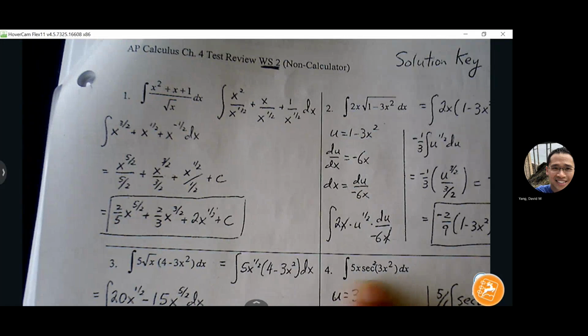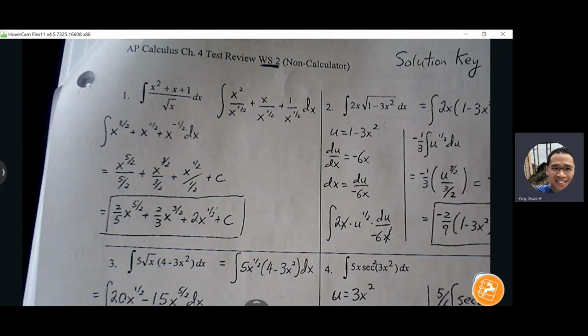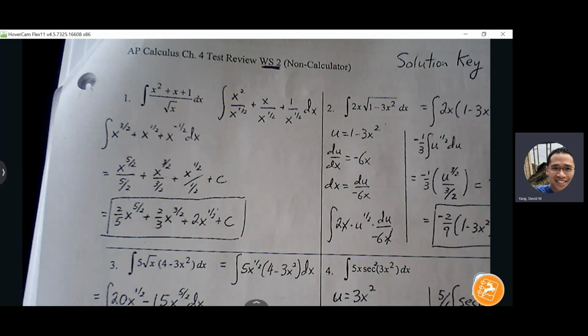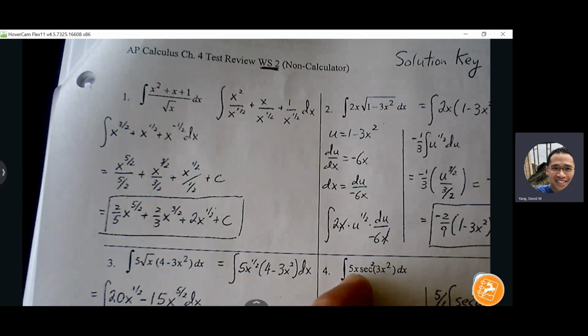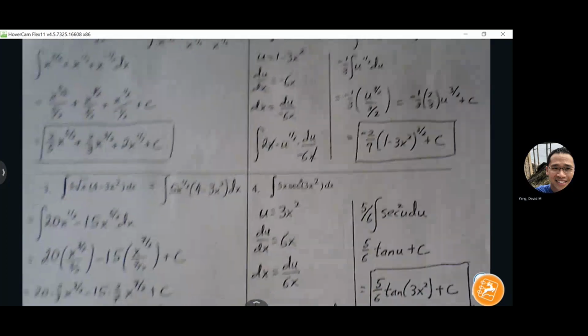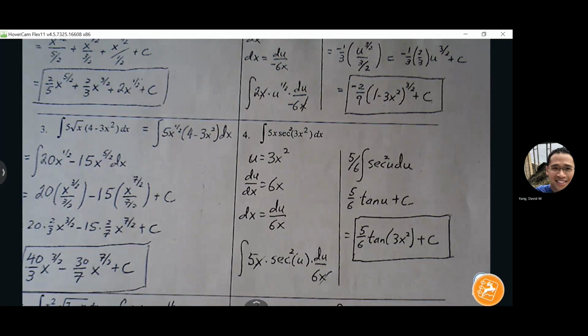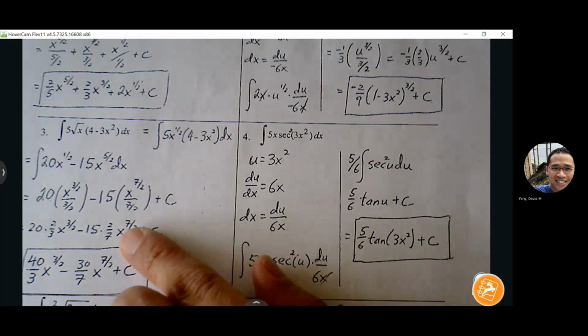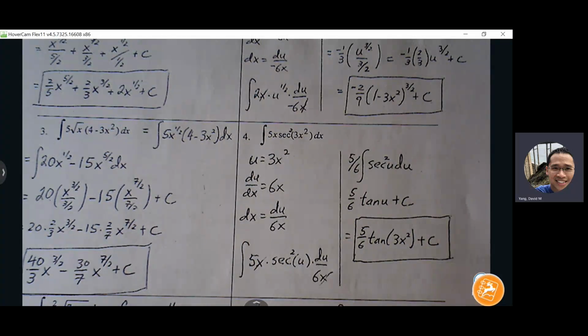Yeah. So this one, we've got to go through the full u substitution, right? We don't do this special process unless a derivative is in front of an integral. So do you need to see the steps for number 4? I'll try to solve it on my own.